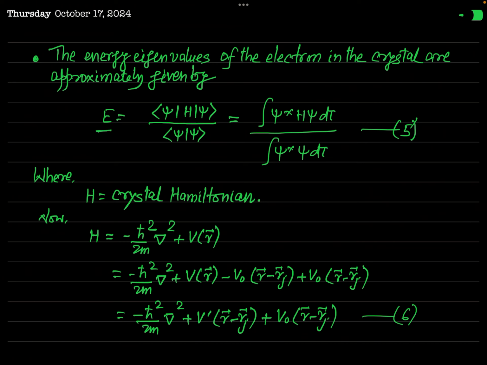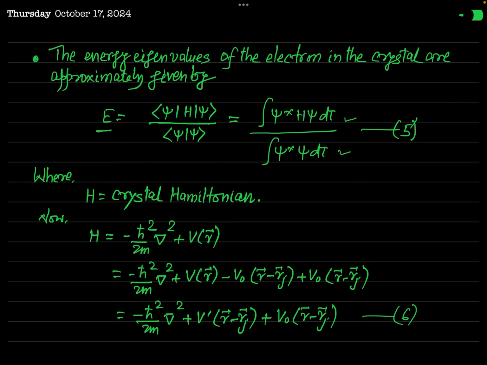The energy eigenvalue of an electron in the crystal is approximately given by E equal to psi H psi over the scalar product of psi with psi. This is in bra and ket notation, and in integral form it is written as integral psi star H psi d tau over integral psi star psi d tau.